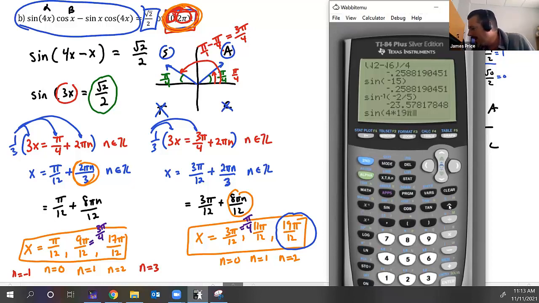So 19 pi divided by 12 in parentheses, and then the cosine of 19 pi over 12 in parentheses, and then minus the sine of, not a 4, but 19 pi over 12 again.